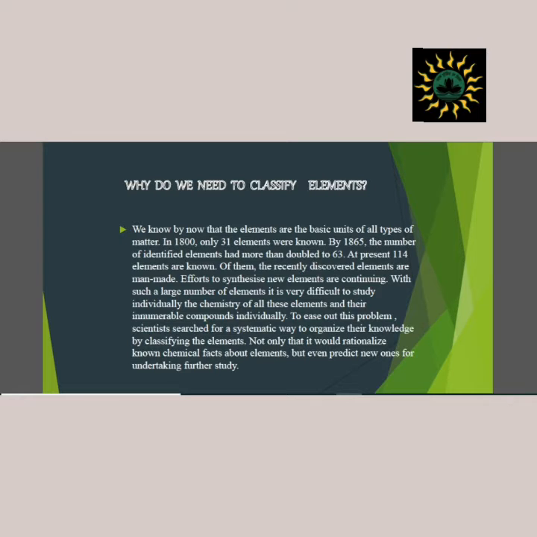With such a large number of elements, it is very difficult to study the chemistry of all these elements and their innumerable compounds individually. We cannot remember all the elements' names, atomic weights, atomic numbers, physical properties, chemical properties, or compound formation.